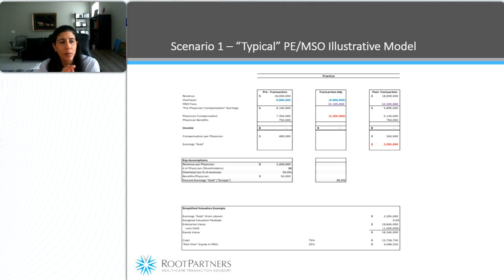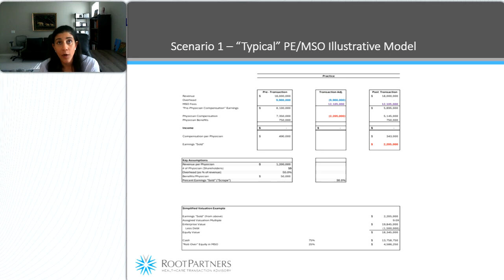But the real purpose of this, and Todd, you can attest to this in your experience, is that it serves as an incentive for the physicians to have an interest in the success of the practice under the new ownership and under the new management. And this incentivizes docs to continue driving growth and profitability.